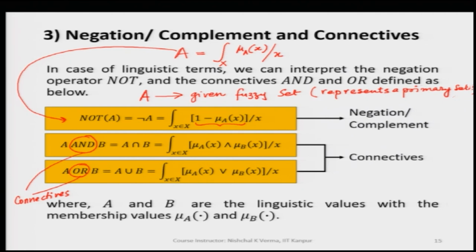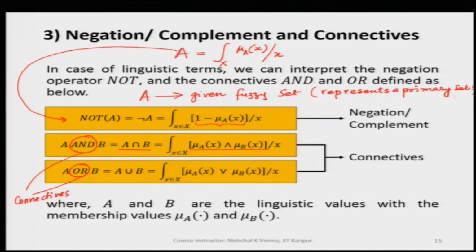So A and B becomes A intersection B, which means we take the intersection of the primary term set A and the primary term set B. With the corresponding membership function, we take the min of mu A of x and mu B of x.